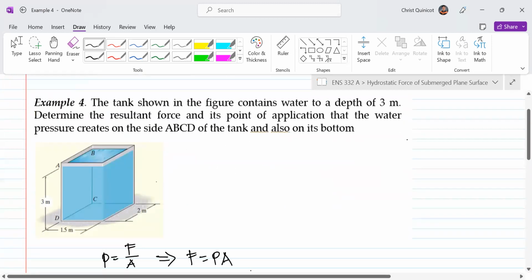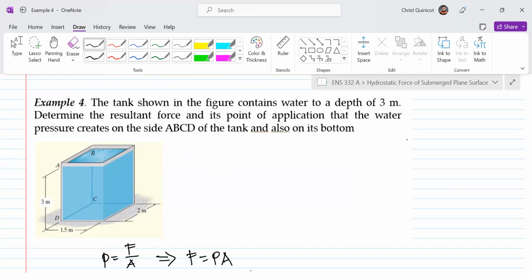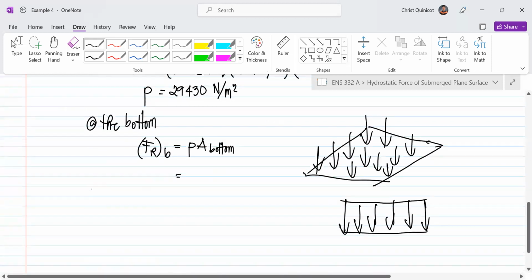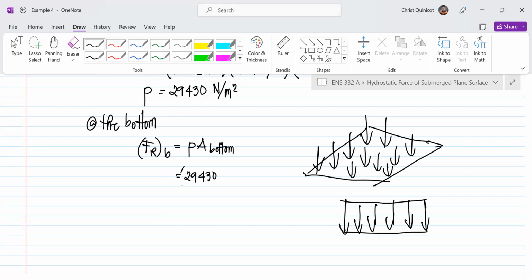And the values that we'll be using are 2 and 1.5. So this is pressure, which is 29,430 times the area, which is 2 times 1.5.